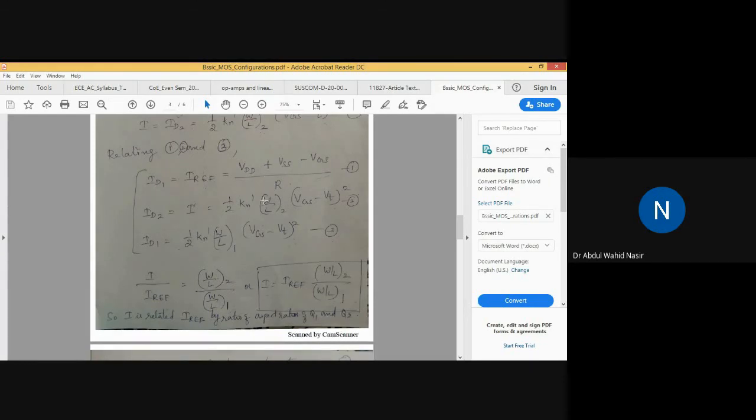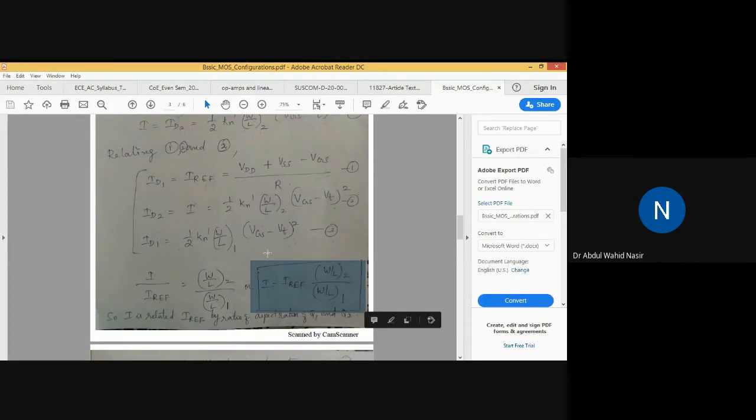From that I reference we can get the value of I. So the relation between I and I reference is I is equal to I reference into W by L suffix 2 divided by W by L suffix 1.